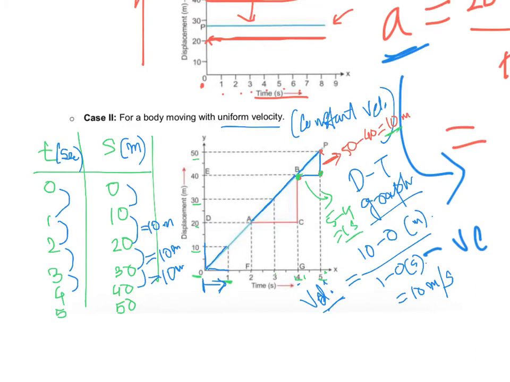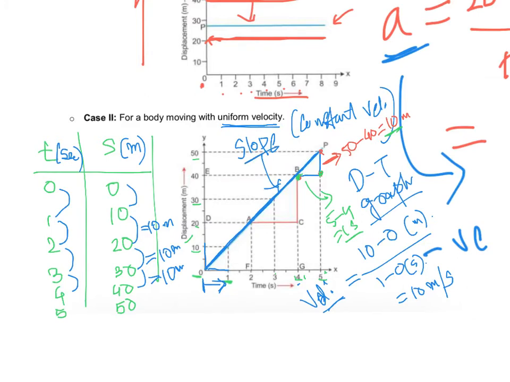So my velocity is constant. Whenever in a displacement-time graph we get this kind of a straight line, we know we are talking of a constant velocity, and the velocity is defined by the slope of this graph.